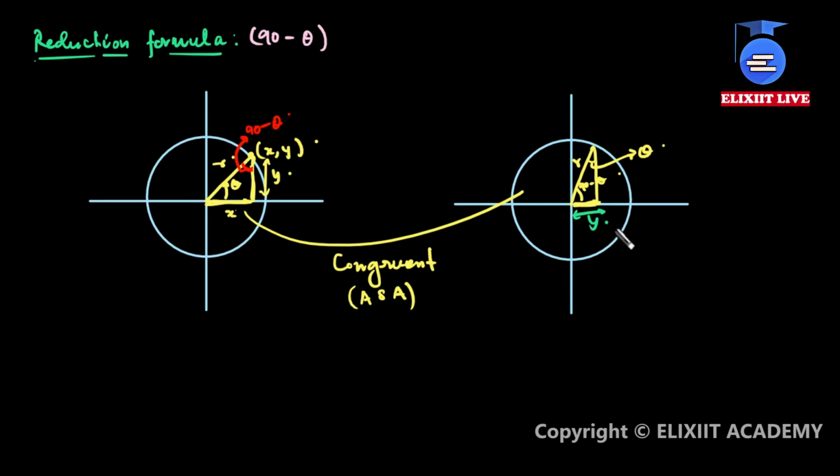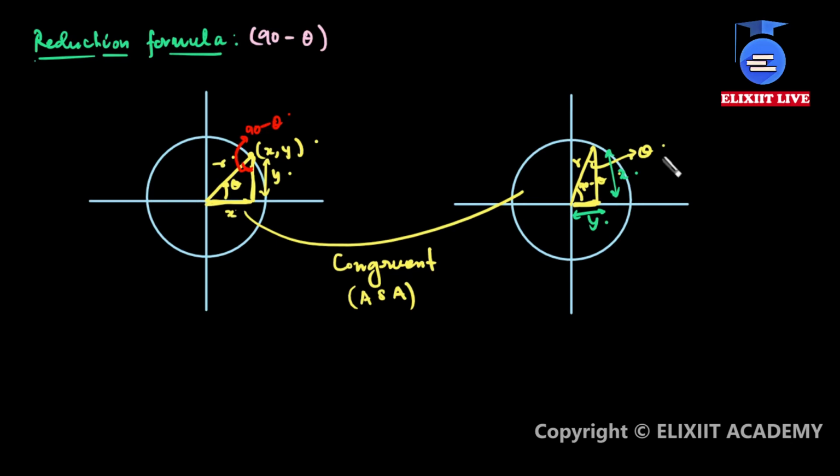Similarly, since this is 90 minus theta, the opposite side is x. So if this is 90 minus theta, this much distance will become x now.